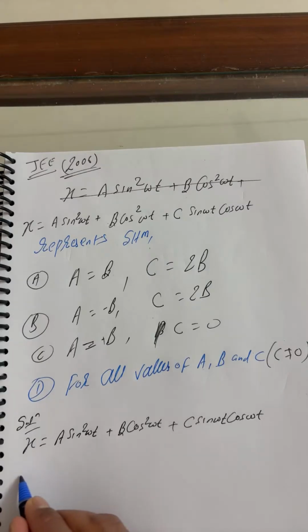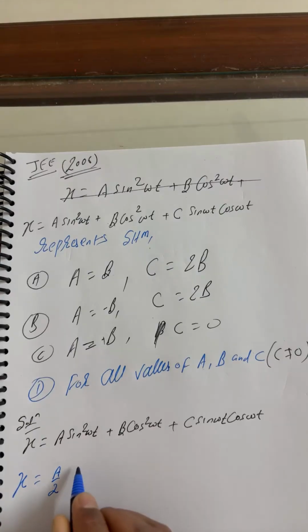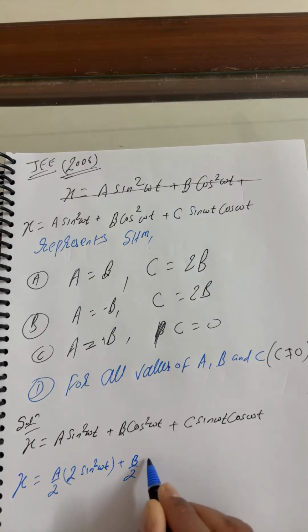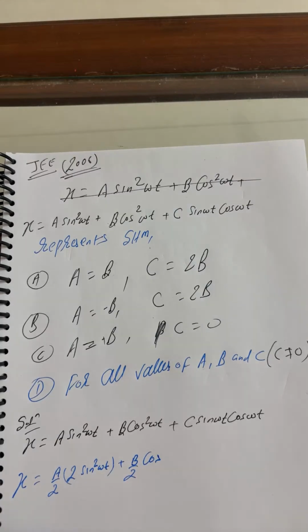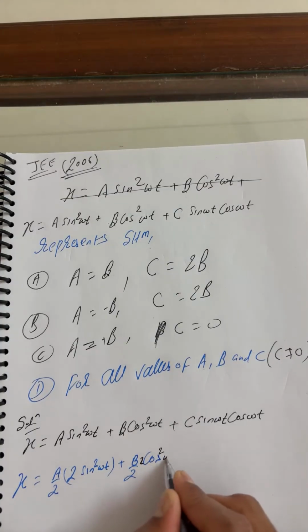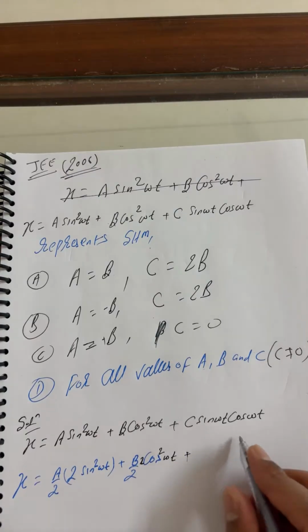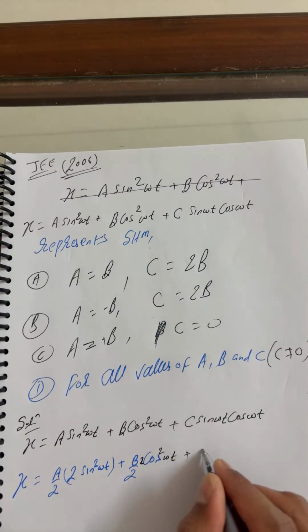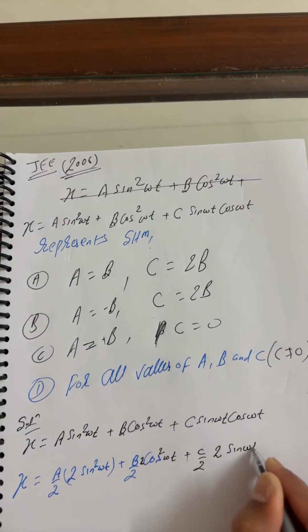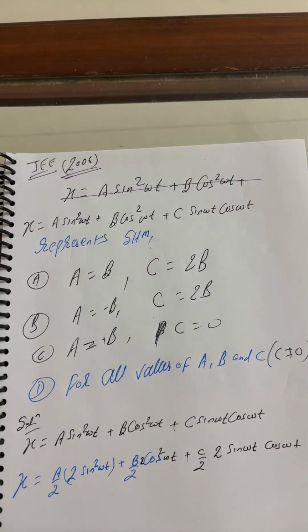So here I can say x is equal to A by 2 into 2 sine square omega t plus B by 2 into 2 cos square omega t plus C by 2 into 2 sine omega t cos omega t.